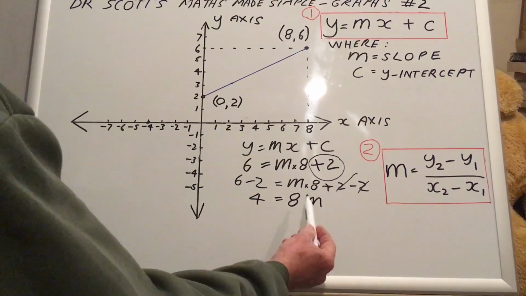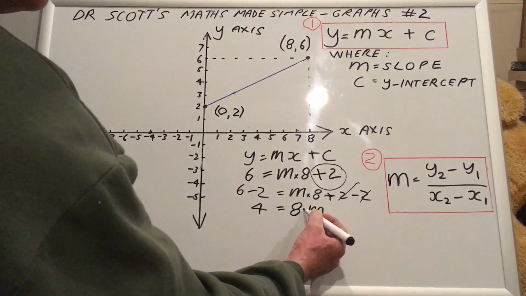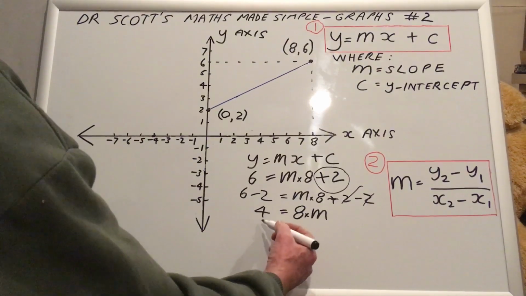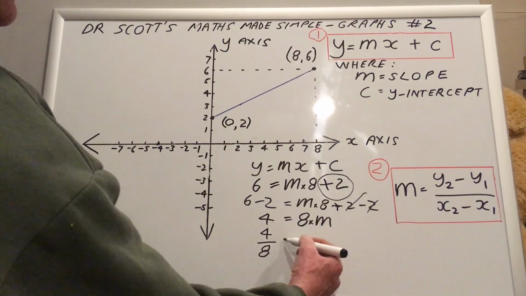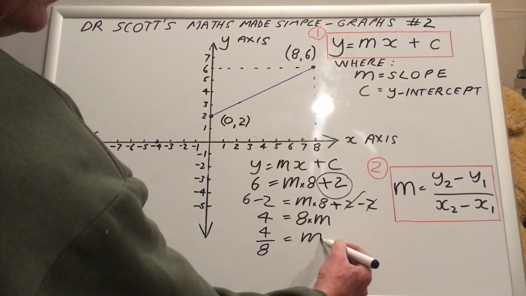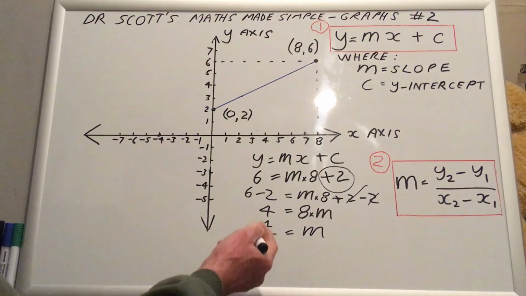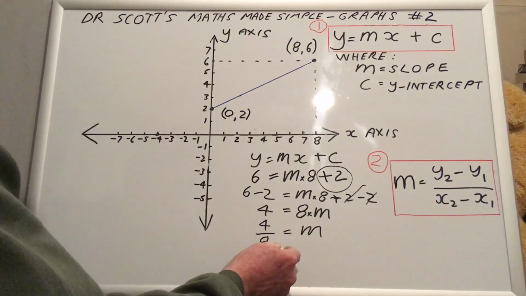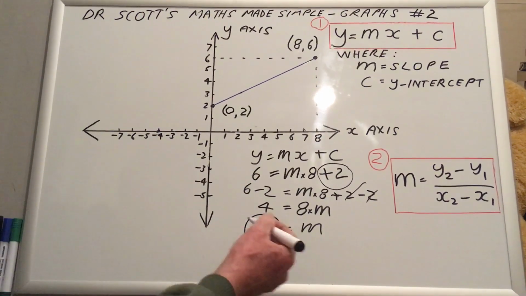We want to find m, so let's divide both sides by 8. So 4 divided by 8 equals m. Now most times the maths teachers at school or university will want you to get fractions into the lowest possible denominator and numerator.